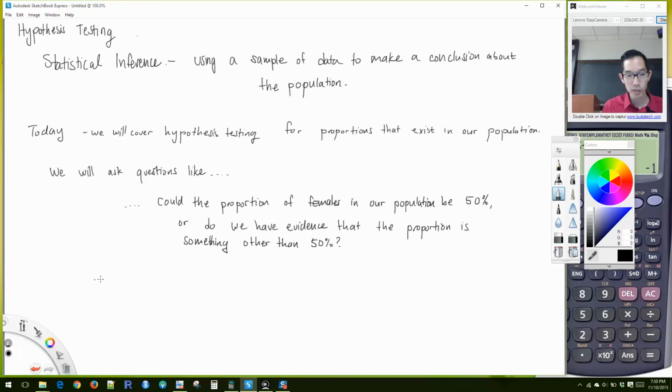So another one could be, do we have evidence that over 80% of the population believe the Earth is round, or whatever it might be, okay?